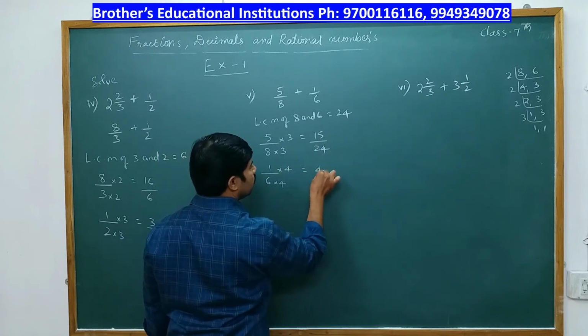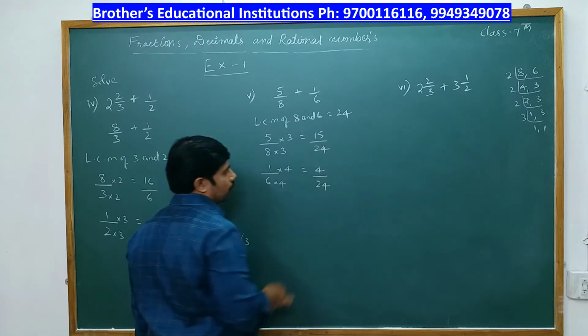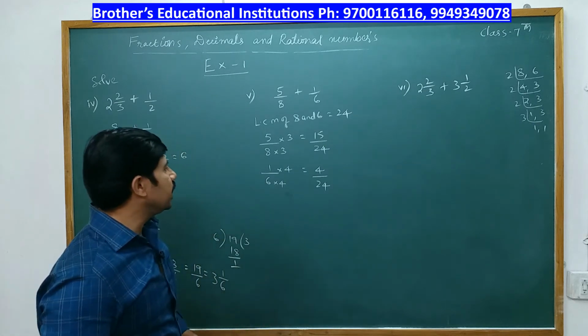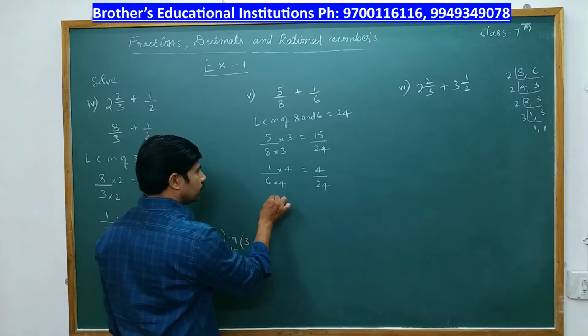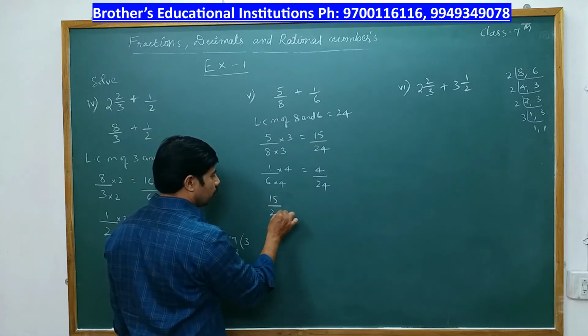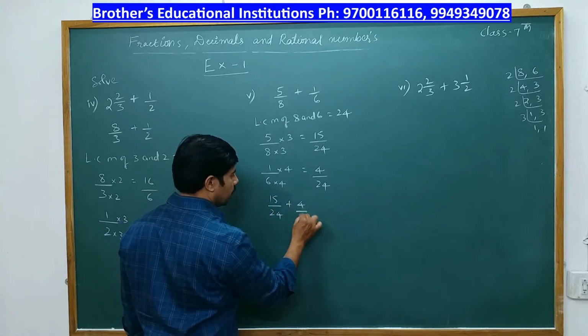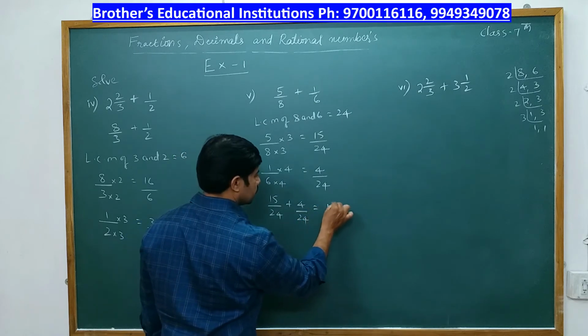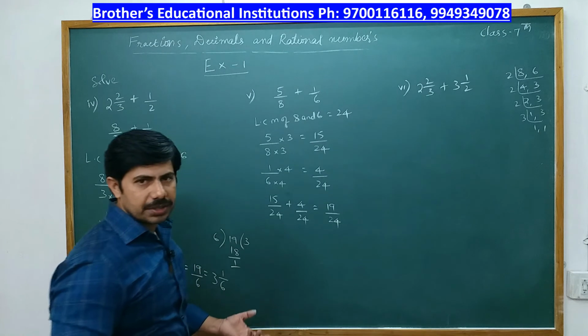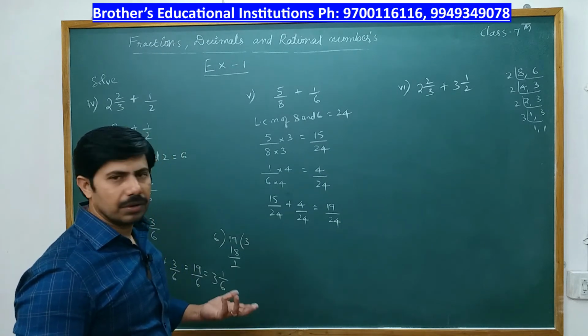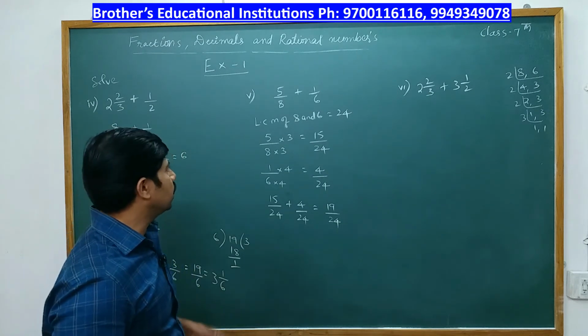So we get 4 by 24. Now the denominators are same, so we need to add them. That is 15 by 24 plus 4 by 24, that is 19 by 24. As the denominator is greater than the numerator, no need to divide this. Okay, so this is over.